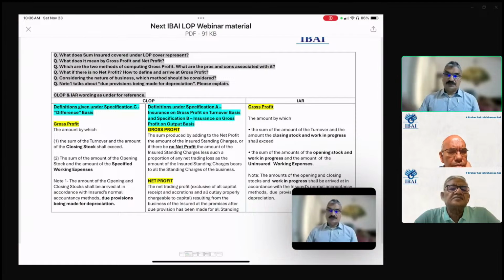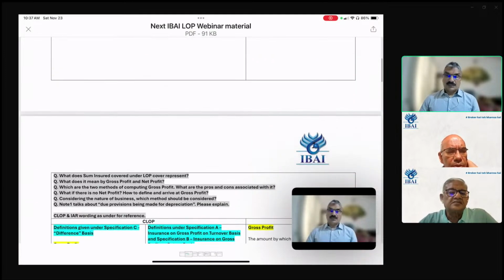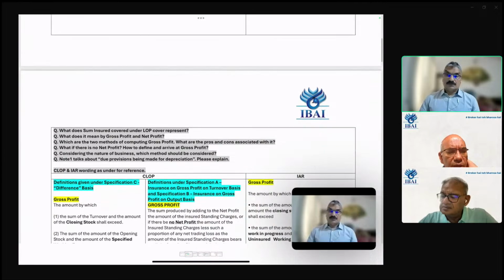When you adjust the loss, any savings in standing charges, if there is a semi-variable component, will come in as a saving in standing charges, and that will not be paid as part of the claim. But the policy requires you to insure all of them for the purpose of full insurance.